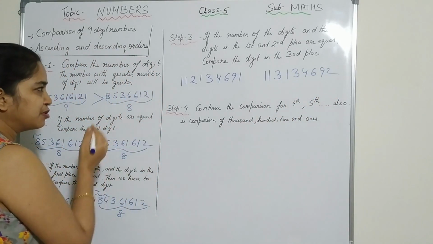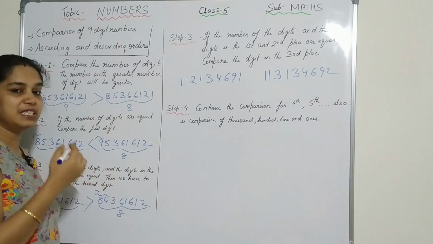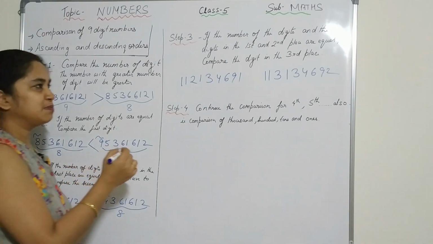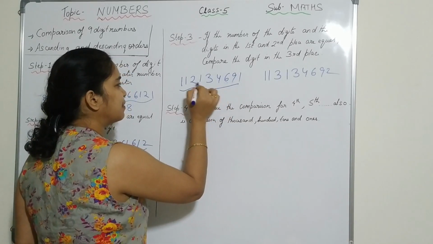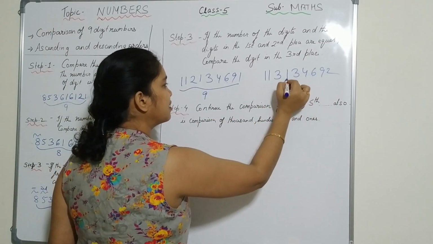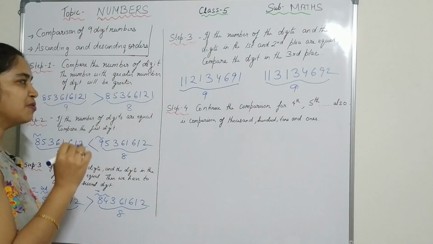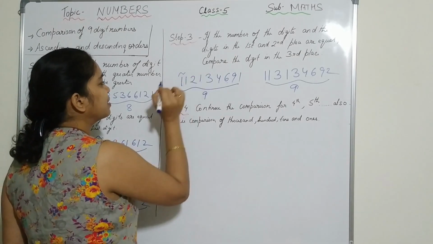So we have to compare the digit in the first place. What is the first place?